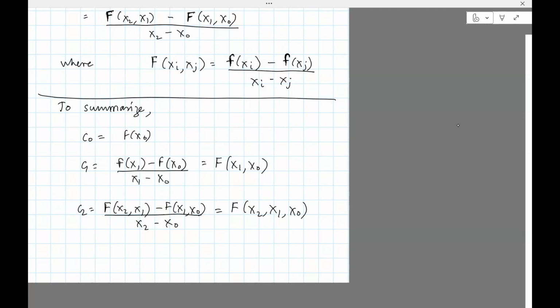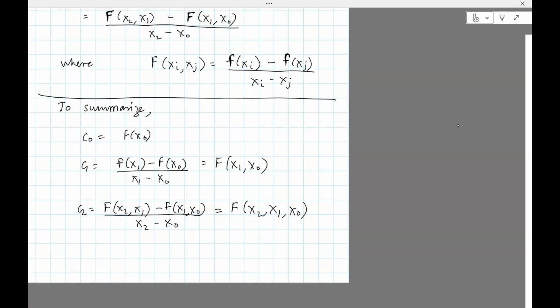But here's the thing: if you just keep doing this for 4 points and 5 points and 6 points, you can just generalize this formula. So the formula has C0, C1, C2, where small f has one argument, C1 has capital F with two arguments, two inputs. The third one, C2, has capital F again, but 3 input arguments. So if you go to C3, you will just have F with 4 arguments.